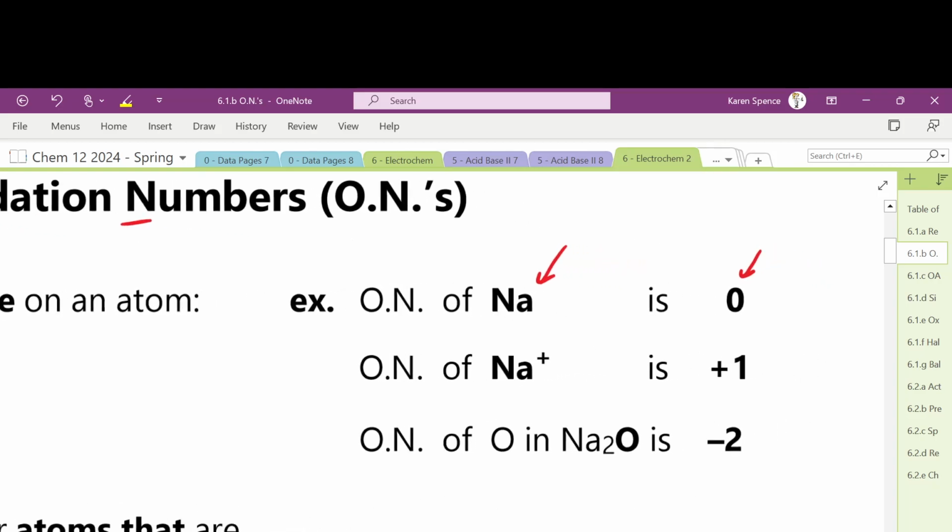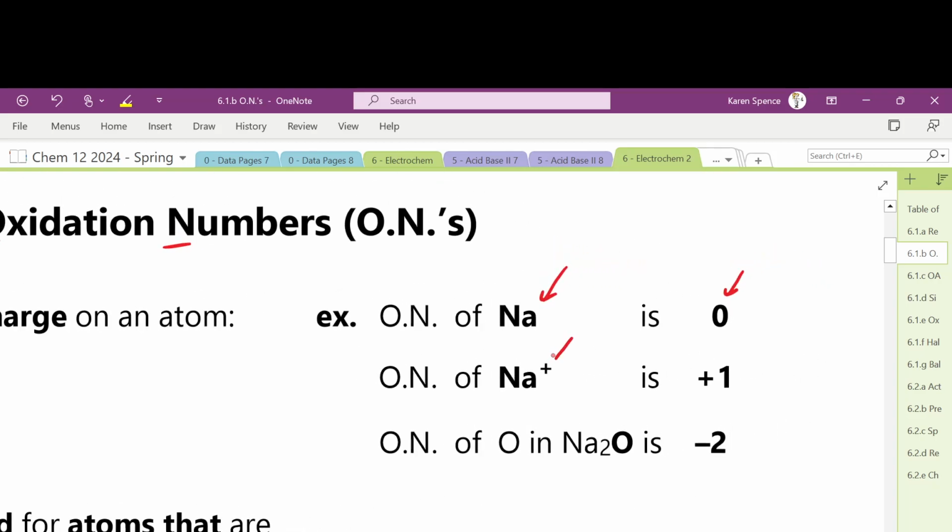If we have an Na with a plus charge, the oxidation number is +1. And if we have the O here in Na2O, you just have to say, well, what's the charge of oxygen in an ionic compound? Oxygen is 2-. Yes? So the oxidation number is -2.